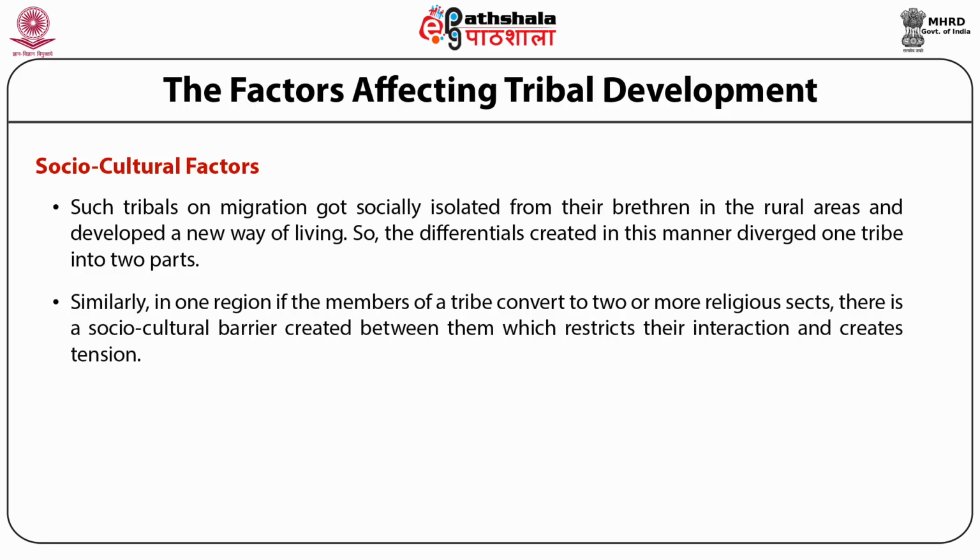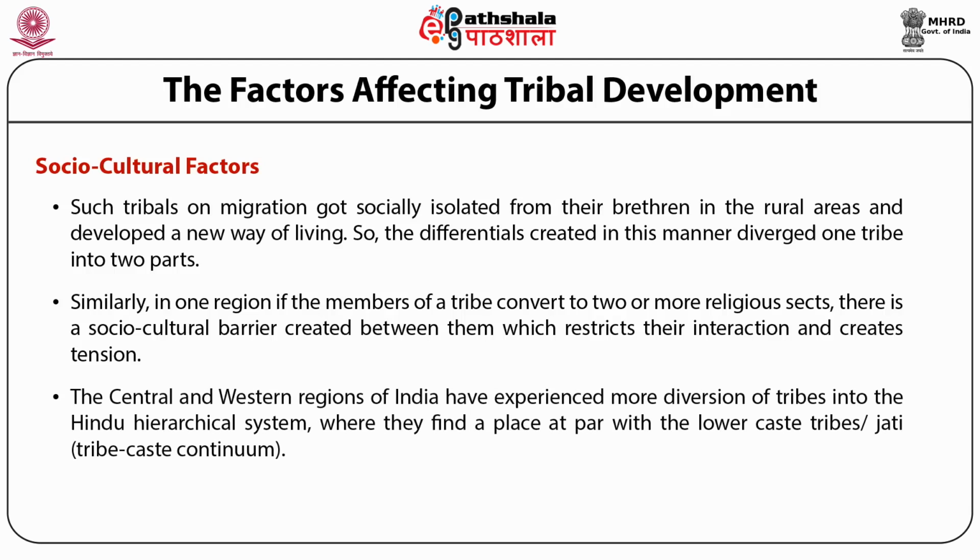Similarly, in one region, if the members of the tribe convert to two or more religious sects, a socio-cultural barrier is created between them which restricts their interaction and creates tension. The central and western regions of India have experienced more diversion of tribes into the Hindu hierarchical system, where they find a place at par with the lower caste tribes or jati, that is, the tribe-caste continuum.